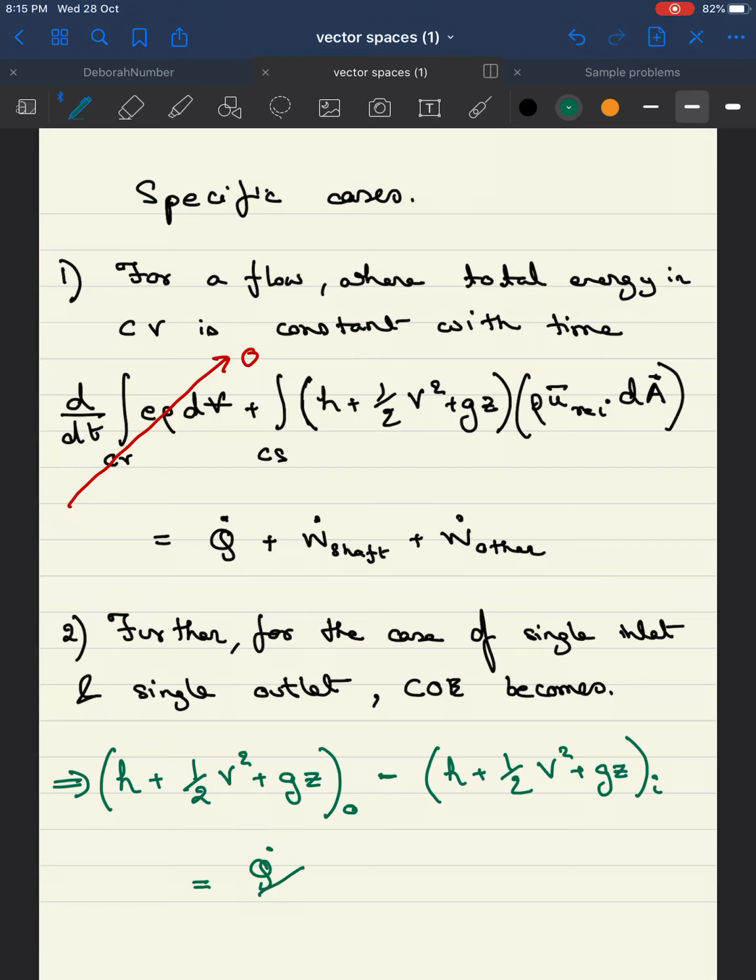okay, wait a second, sorry, I've just forgotten a term here. So there is a term m dot outlet and there is a term m dot inlet here, and this is the same as the previous one.